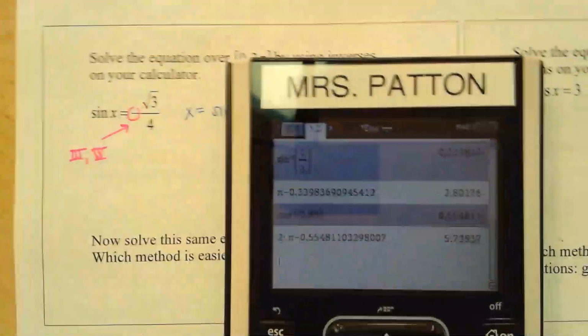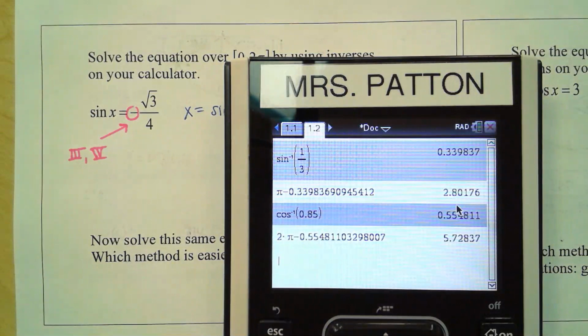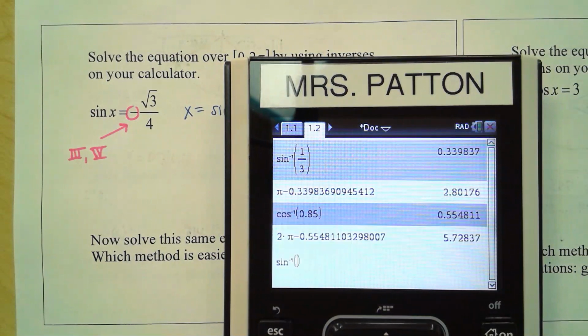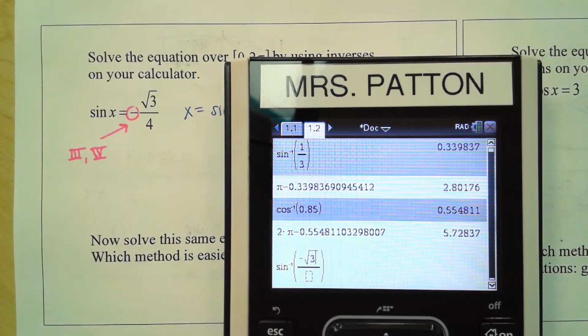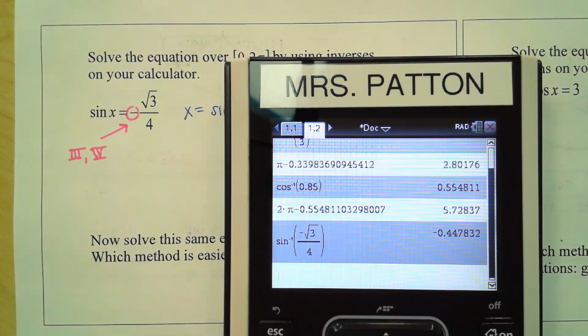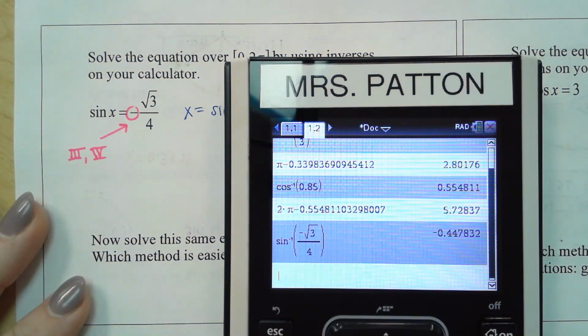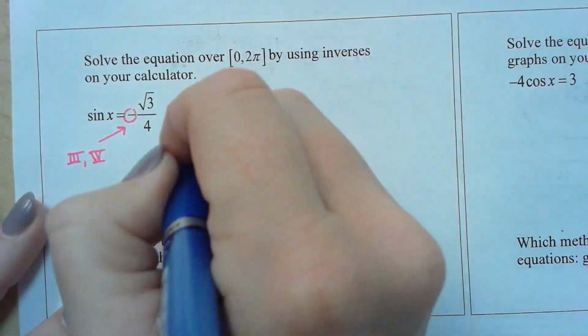So I'm going to go to my calculator and type in the inverse sine of, I'll just grab my fraction, negative radical 3, and then go to the bottom and we got a 4. In my calculator, I'm just going to write that down. Spits out negative 0.448.